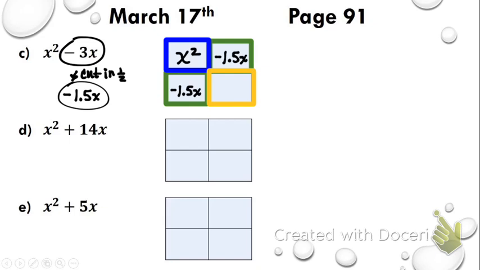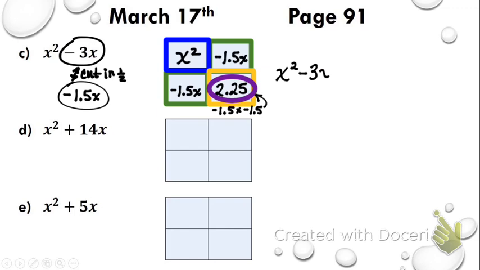-2.25. How did you get that? I don't know. I thought I was repeating what you said. Tell me how you got that. -1.5 times -1.5. That's how we're getting this number right here. So I had an x squared.